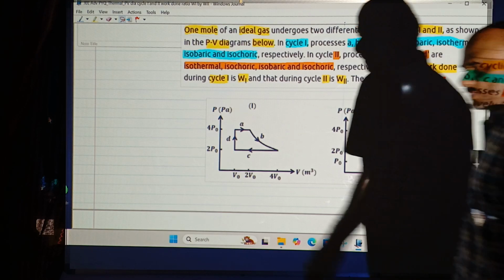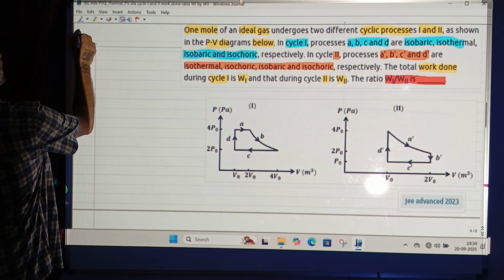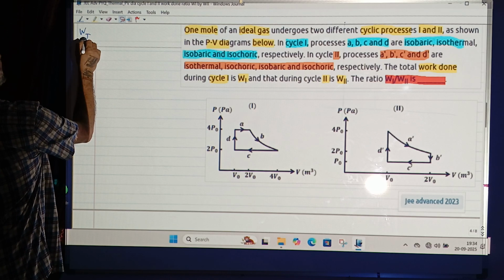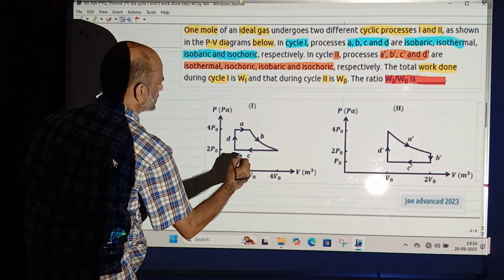Here's the solution. Work done in cycle 1 is the work done to go from here to here and then here and then here and then come back.